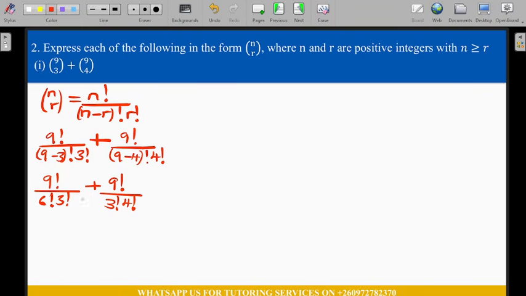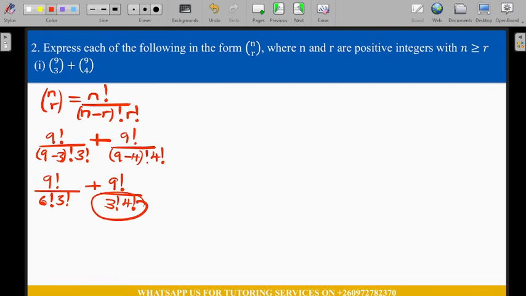Once you reach here, we don't evaluate it. What you always do is find the common denominator, and as you get the common denominator, you always check what you have. For our denominator, the first one is 6, which is greater than 3, so the far end should be the same, with 4 factorial times 3 factorial.